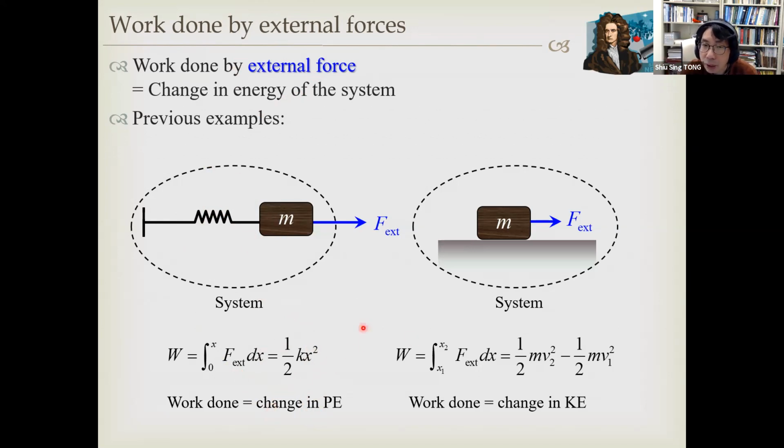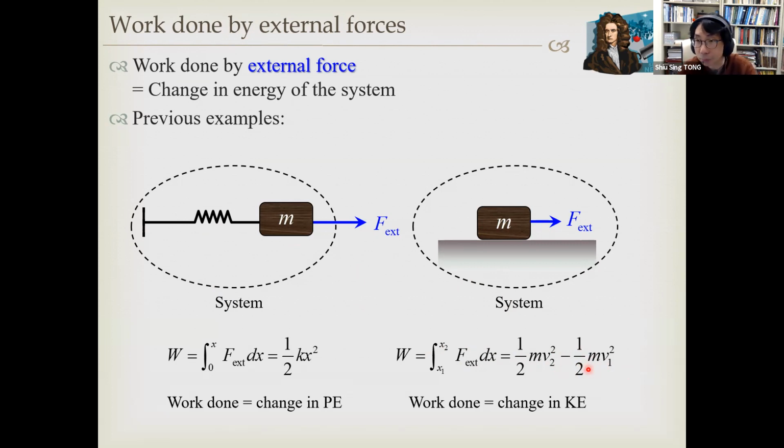Now, suppose the object is not tied by a spring to the wall. It is freely movable along a smooth table. So if you apply an external force to the object, the energy goes to where? It does not go to the potential energy anymore because there's no spring. But it goes to what? It goes to a change in kinetic energy. So the work done by the external force will go to the change in the kinetic energy.